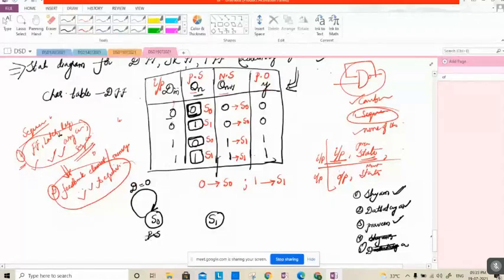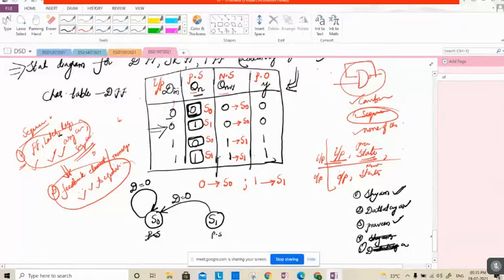Now this is not my present state, this is my present state. I am available at S1. This is the second condition. I am present at S1. If D is equal to 0, what will be my next state? If D is equal to 0, this is going to happen. If D is equal to 1, what will happen? We'll come to it later.